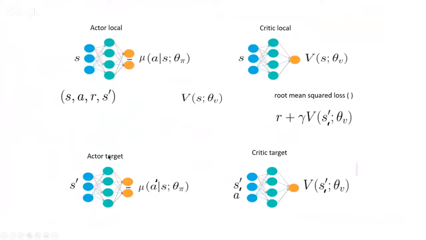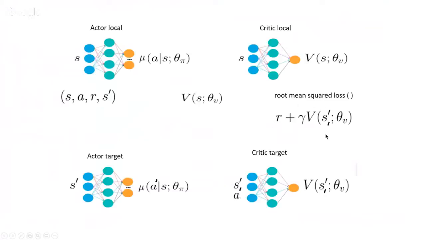So you input next state to your actor target, it gives out next action, given next state, and then you use these two to compute your action value, this should be Q, so action value for next state, which you can use to compute this TD target, right?